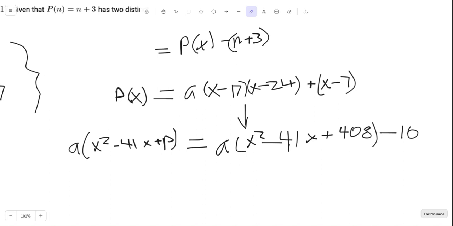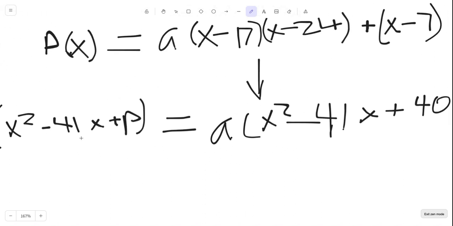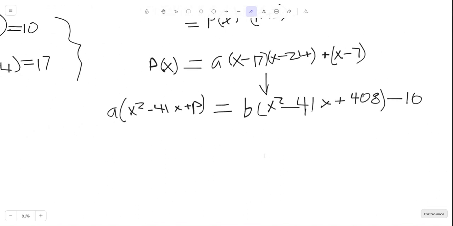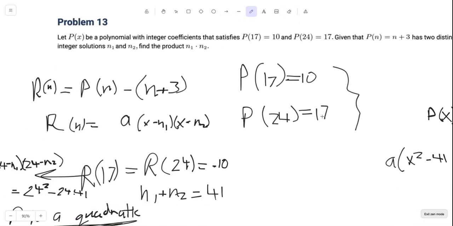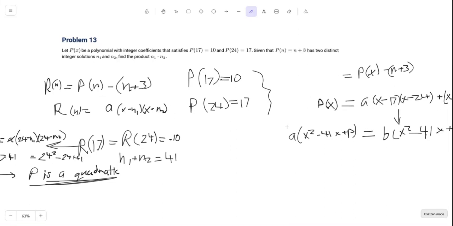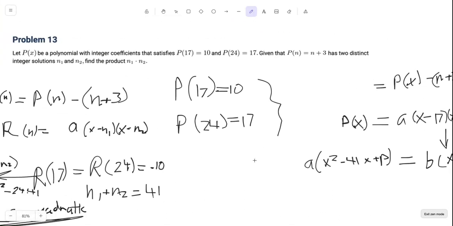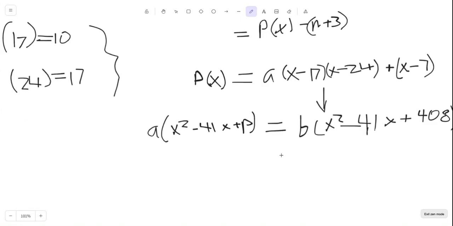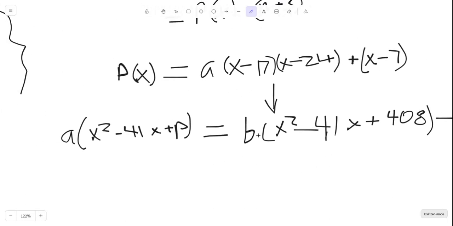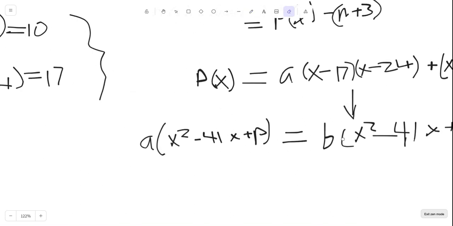Wait a second. These are separate A's probably. Are they? We have A and then we have a B here. But the x squared must have the same coefficient.